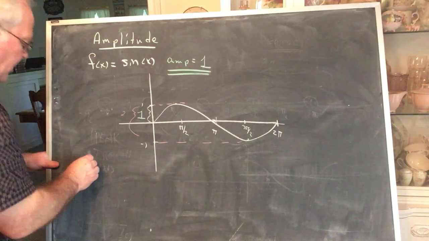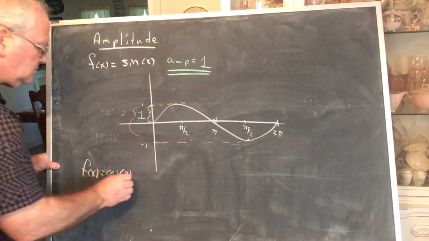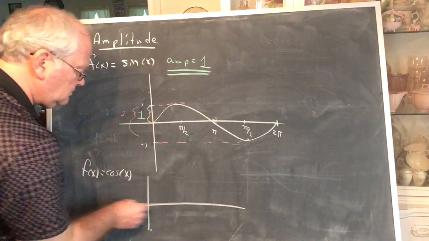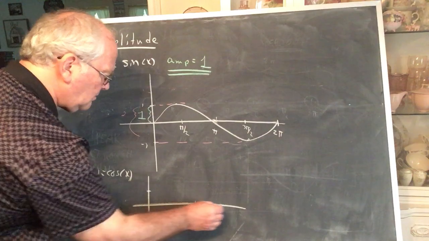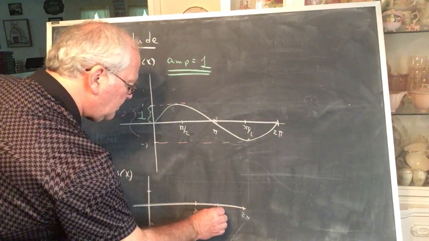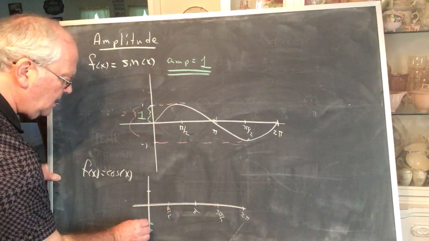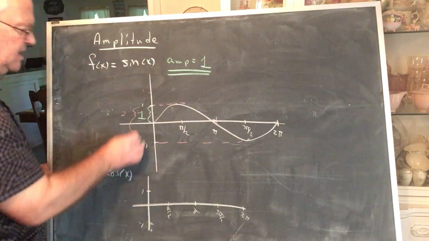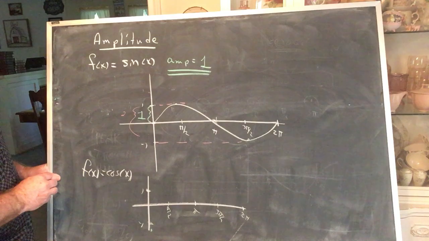Similarly, if we have the cosine curve, so here's pi, 2 pi, 3 pi over 2, pi over 2, -1, 1. Remember, sine starts at the node, whereas cosine starts at the peak.